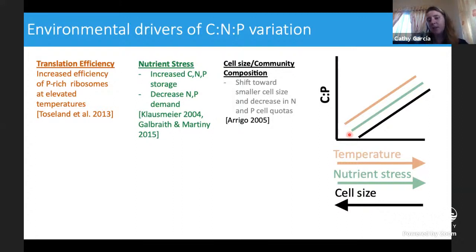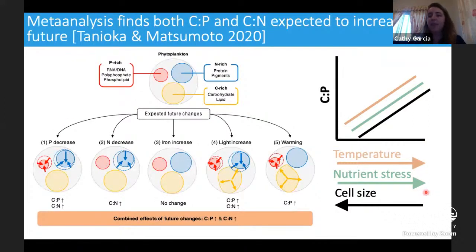So the thing to notice here is that all of these typically co-vary, and it's hard to tease apart these different factors. And if we're looking onto future warming scenarios, this is a nice compilation study by Tanioki and Matsumoto last year.